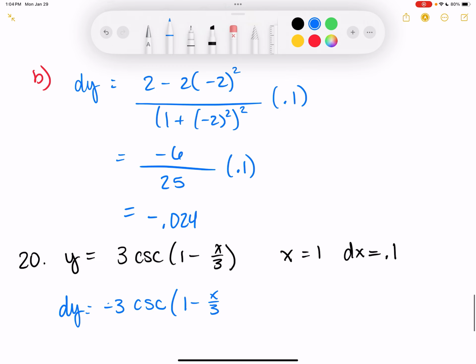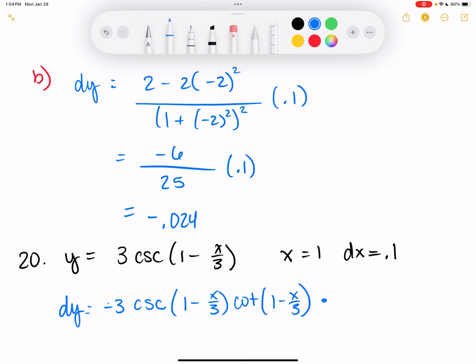That's not a quotient. What's the derivative of 1 minus 1/3 x?